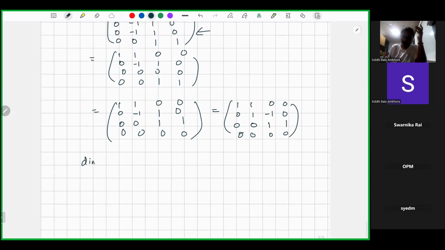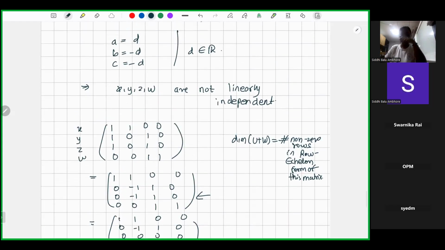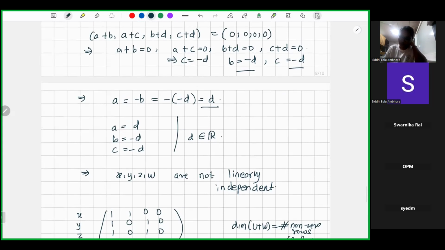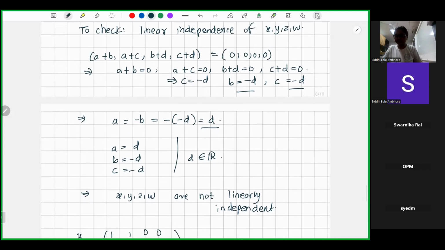And therefore, the dimension of this U plus W becomes 3. But which one of these three generates the fourth one?